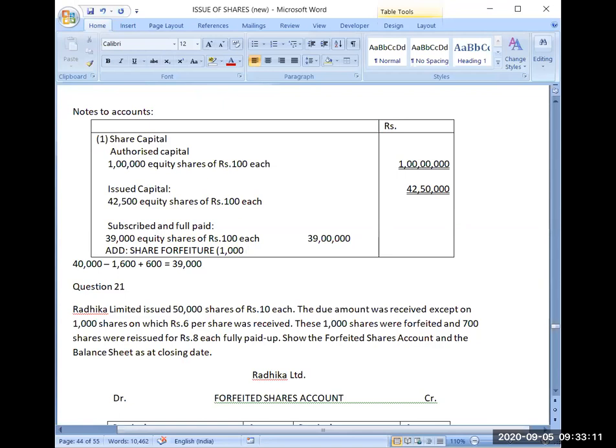There is no concept of not fully paid up now in this question. If you would not have forfeited them, then you can say that 1000 shares are not fully paid. But because you have forfeited them, that's why the money is lying in share forfeiture account. 1000 shares. That is the difference that I want to show you. 1000 shares at the rate of rupees 70, because they have not paid you the final call only, each.